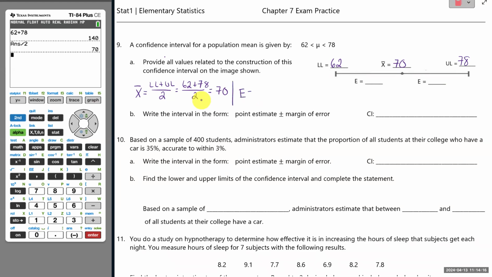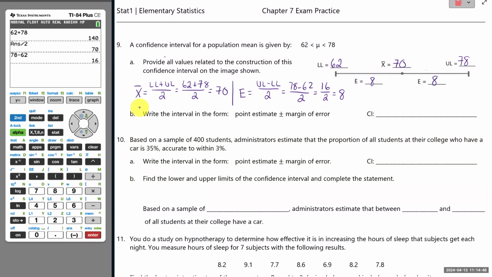So margin of error, if you take the upper limit and subtract the lower limit, the length of the confidence interval, and divide that by 2, that gives you your margin of error. So we can take 78 minus 62, divide that by 2. In that numerator, 78 minus 62 is 16. That's the length of the interval, divide by 2. And that's another way to get 8. So margin of error is 8.